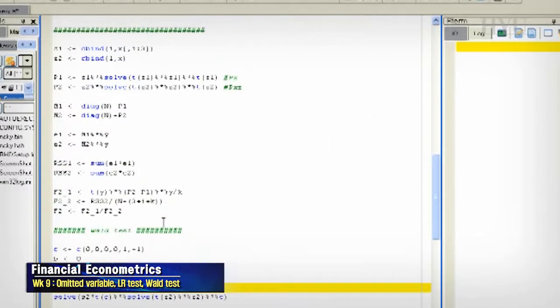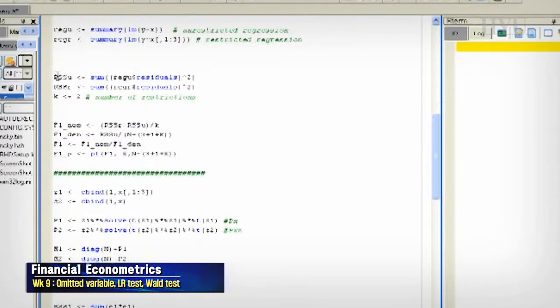Then I will simply calculate this one. So in order to calculate S squared, which is equal to, where is the RSSU?